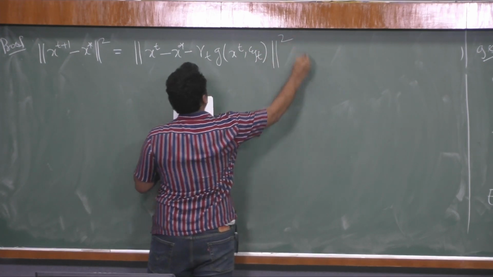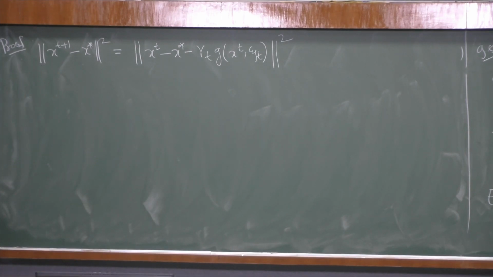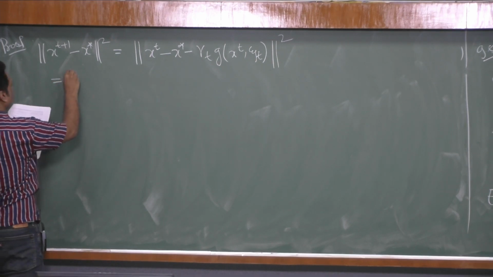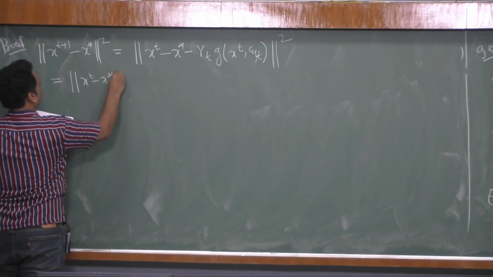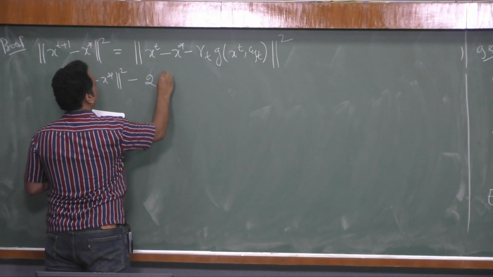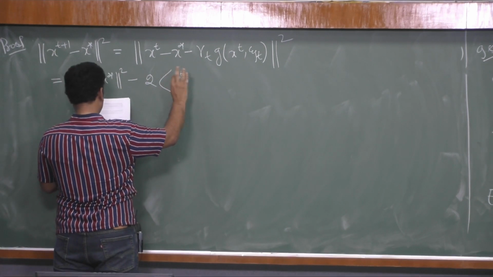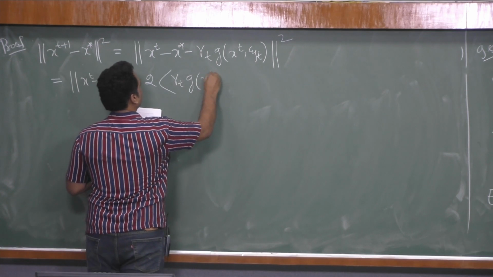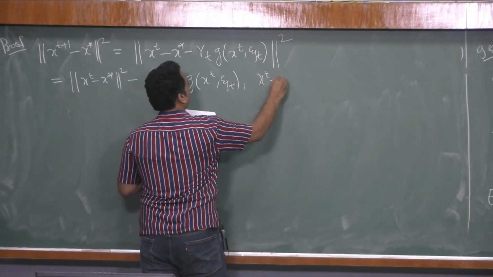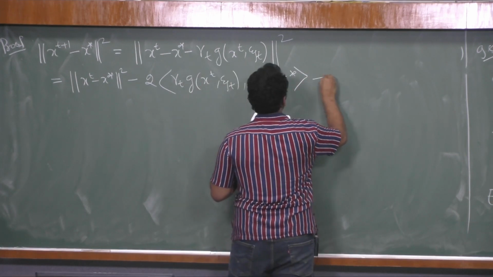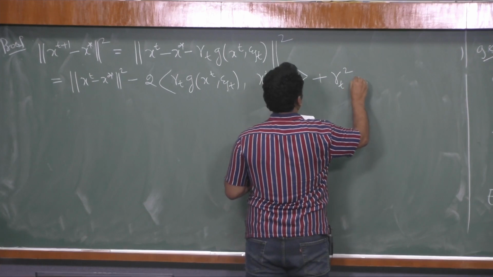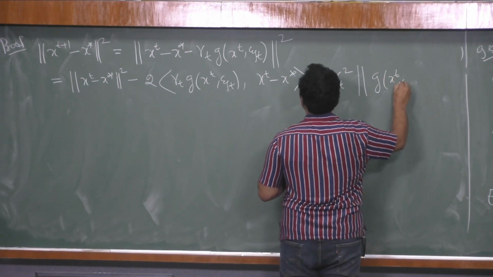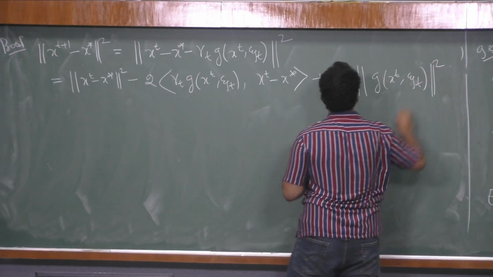Expanding this, it is the norm of xt minus x star squared, minus 2 gamma t times g of xt, xi t inner product with xt minus x star, plus gamma t squared times the norm squared of g of xt, xi t.